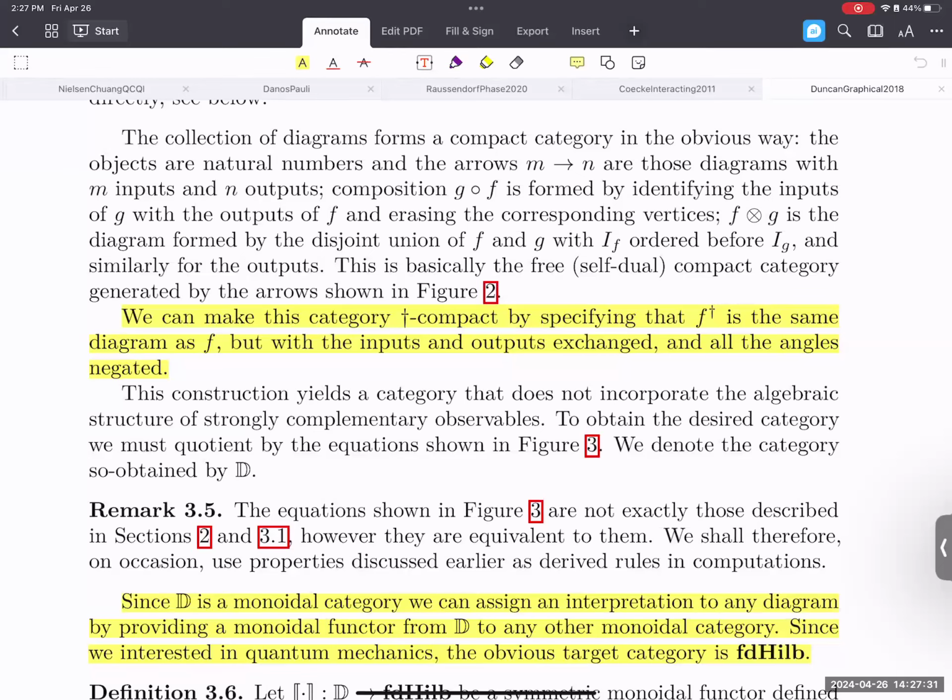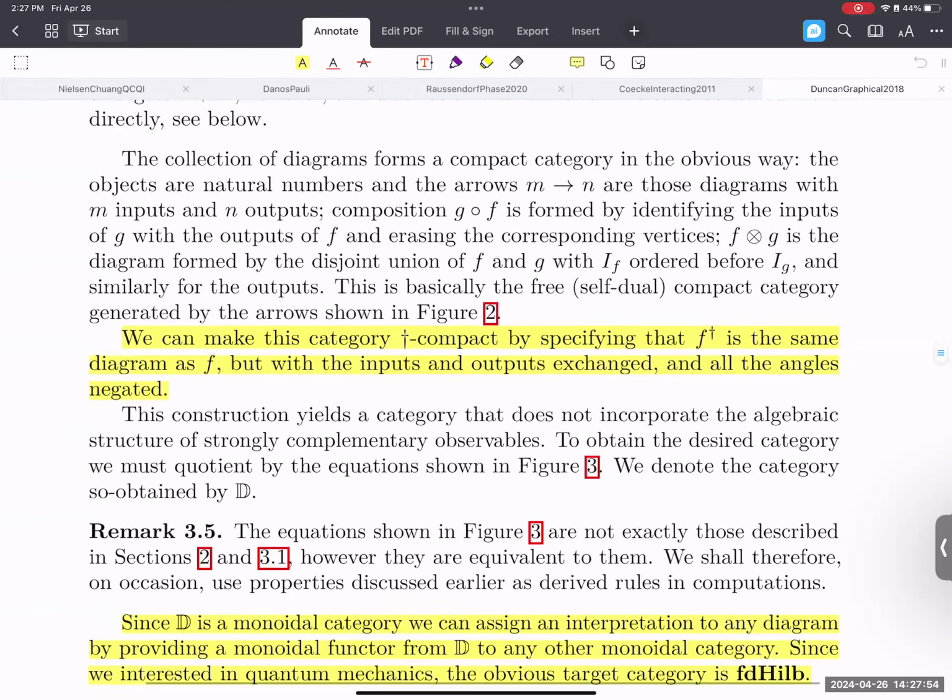We don't need to go to that length of formalism unless we are writing a paper. From here it says the collection of diagrams forms a category. Those are your morphisms.